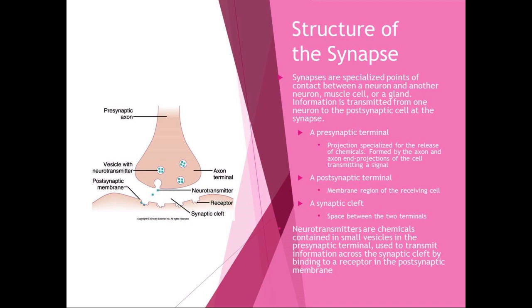There is an electron micrograph in the module that you can look at, a photograph of synaptic vesicles in the presynaptic terminal. You can see the synaptic cleft and you can see the postsynaptic terminal. So it's a pretty cool picture. You should take a look at it.